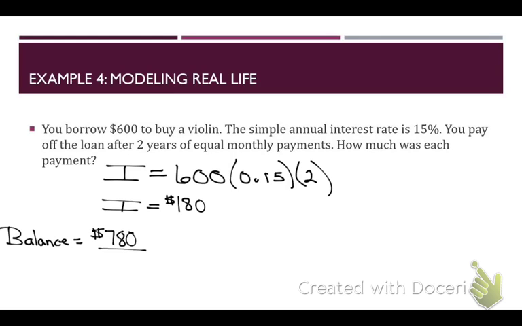It's 2 years, so I would divide by 24. What if it was 3 years? What would I have divided by? 36. Okay. So when I divide by 24, what is my monthly payment? If I pay exactly that amount every single month for 2 years, I'll pay my balance in full. All right, if you understand that, that's everything you need to know for section 6.6.